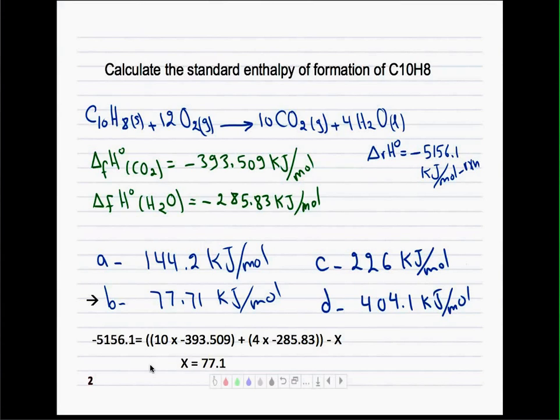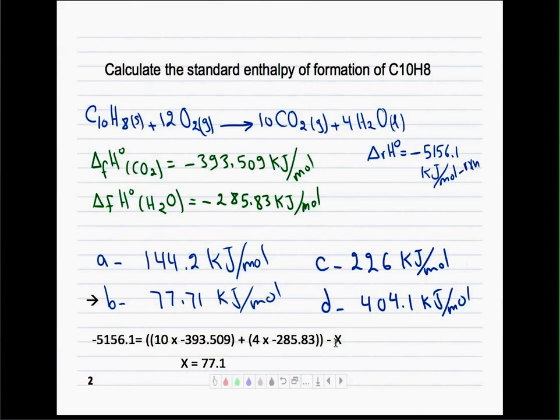What usually happens is you take your calculator and you begin punching numbers, doing it directly without writing the formula. And this is one of the mistakes that usually happens. So, minus 5156.1 equals 10 times the delta H formation of CO2, which is minus 393.509, plus 4 times the delta H of water, which is minus 285.83, minus the delta H formation of C10H8.